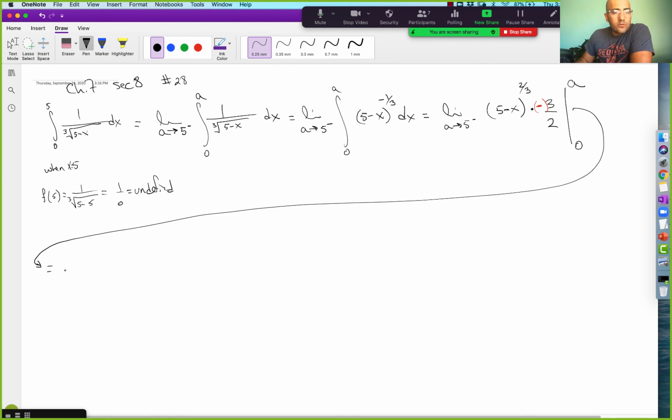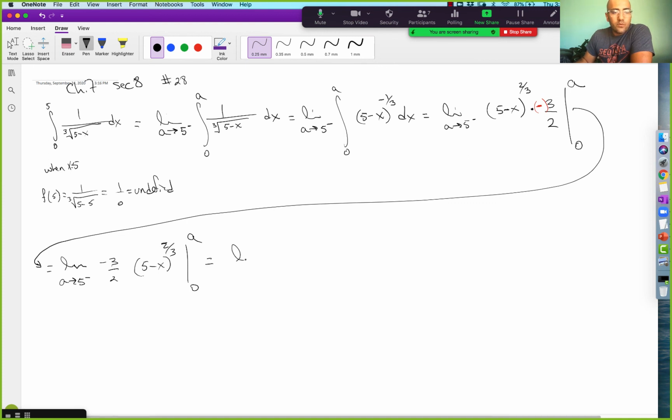That'll be equal to the limit as A goes to 5 from the left-hand side of negative 3 over 2, 5 minus x to the 2 over 3 power, evaluated from 0 to A.